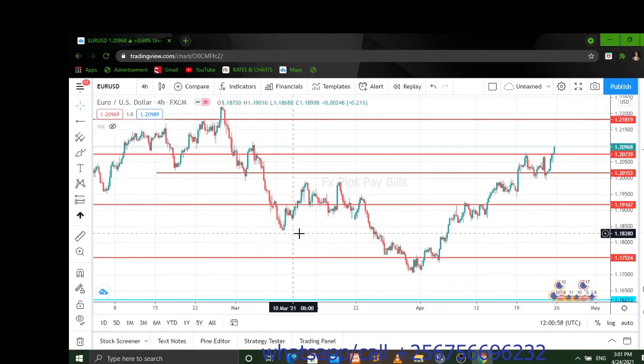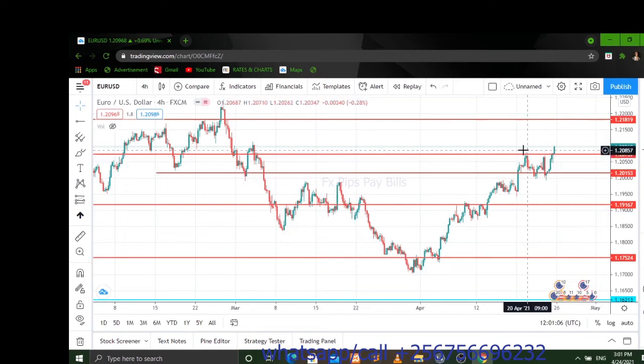So now you can see that Euro USD is trying to break out of this resistance, and after breaking out of this resistance, it now becomes the support, and this one becomes the resistance. That is the simple logic behind support and resistance.